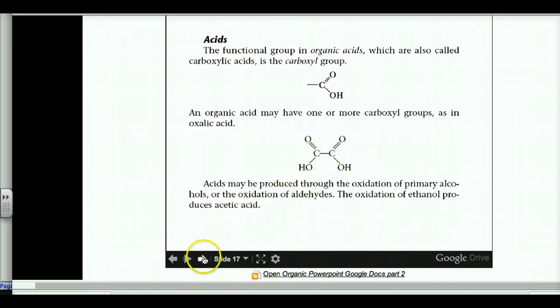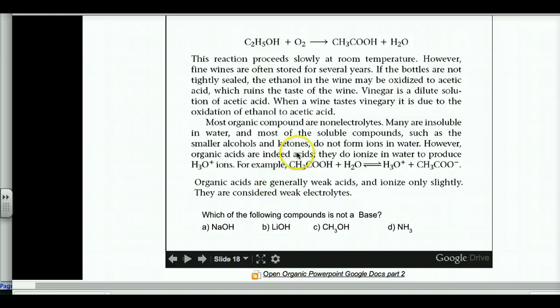Moving forward, now you can make these acids by oxidizing alcohols. I told you before, if you take an alcohol and you oxidize it, you can make a ketone, or you can make a what? An aldehyde. If you keep the process going and keep oxidizing, eventually a primary alcohol will become a carboxylic acid. And we know this to be true.